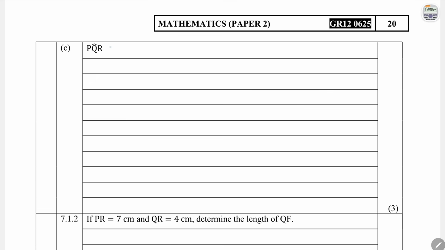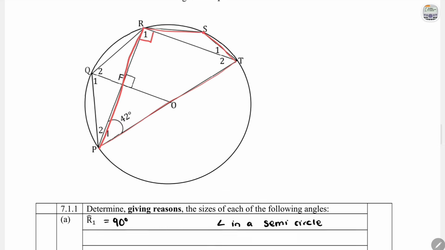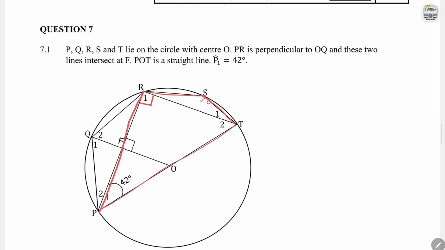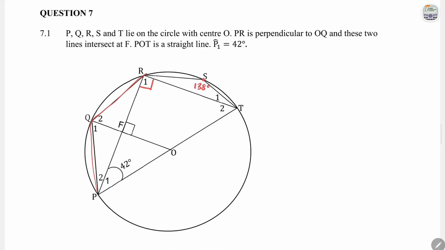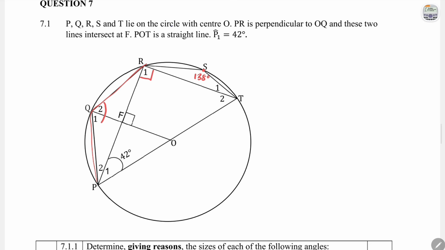The next question C says we need to find the size of angle PQR. Okay, so we know now that angle S is 138 degrees. And now how do we find the size of angle PQR? So this angle over here. Okay, it's also an angle at the circumference, but it's quite big, and again, we can't really see any other angle supported by the same chord or that major arc.